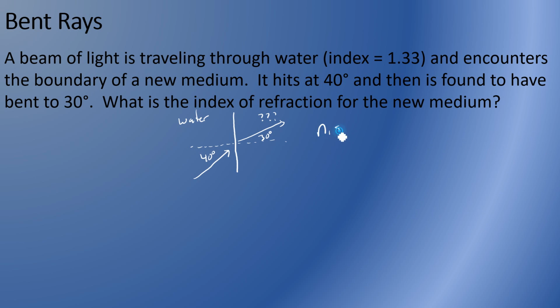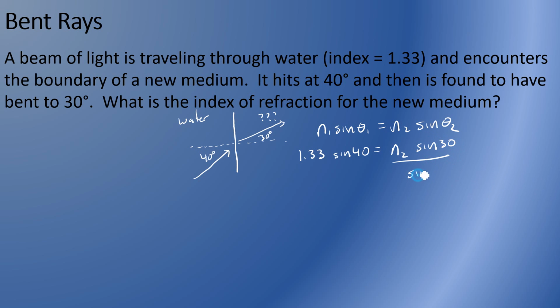So we're going to use Snell's law and just plug in what we know. We know our index in water is 1.33. We have our sine 40. We're looking for this N2, our new index, and we have sine of 30.